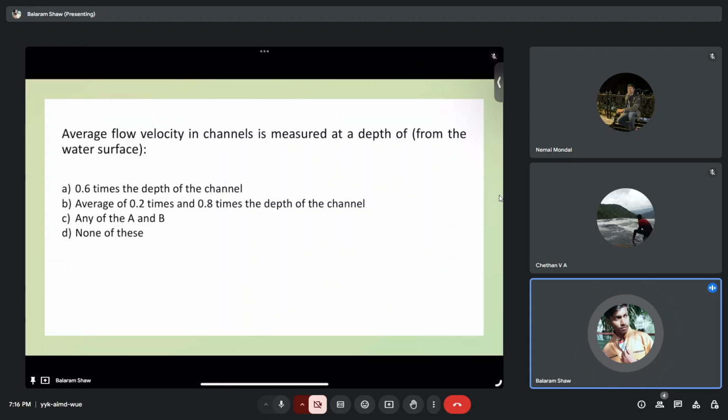The average of that we consider as the average flow velocity for the channel. So the correct answer will be any of A and B. If it is a shallow stream, it will be A; if it is deep, it will be B. But for average flow velocity, we calculate from either of A and B, so the correct answer will be C.